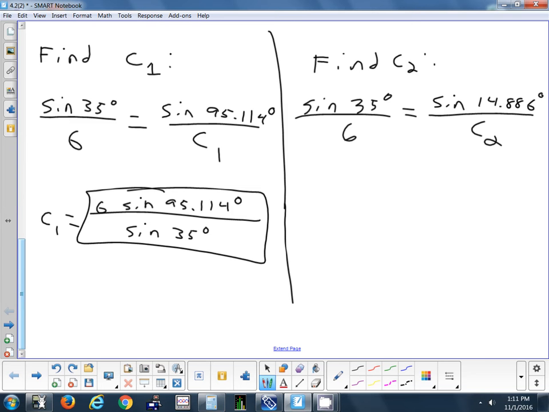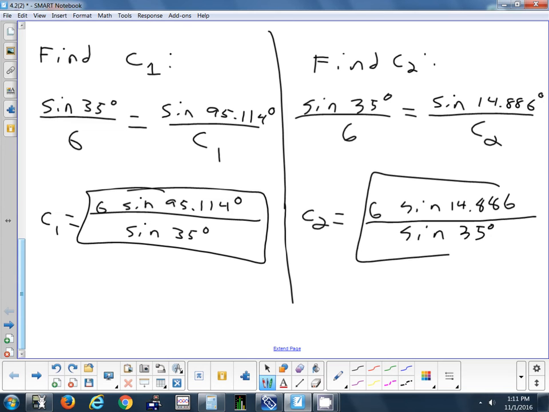And then hopefully when I'm done that, somebody will have C1. All right, so C2, cross multiply the same way. 6 sine 14.886 and then divide by sine 35. And that's C2.